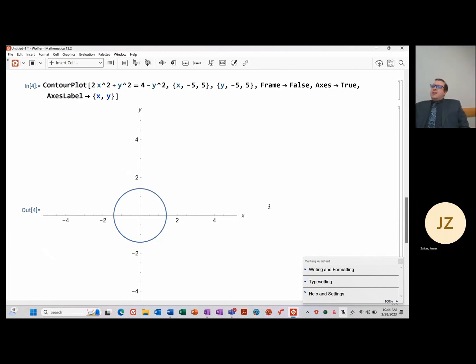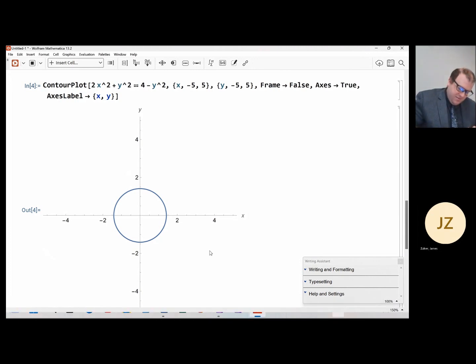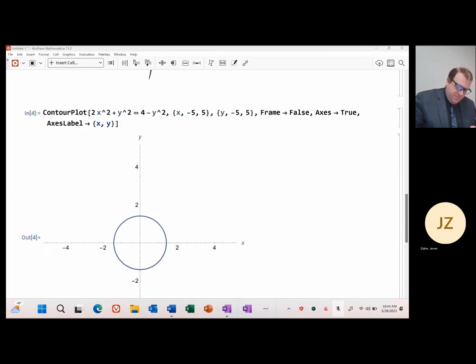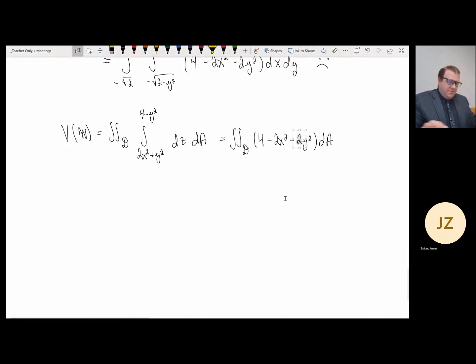So why not just do that double integral in polar coordinates? How would you describe this region as a polar region?